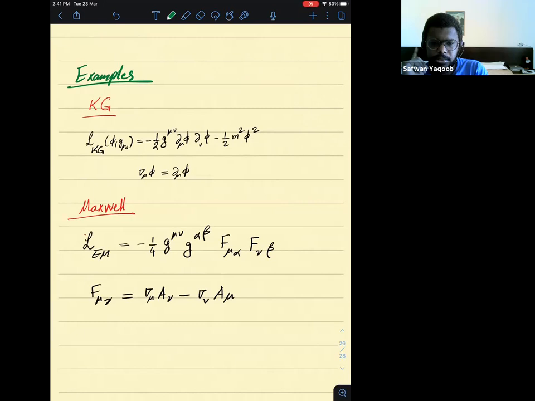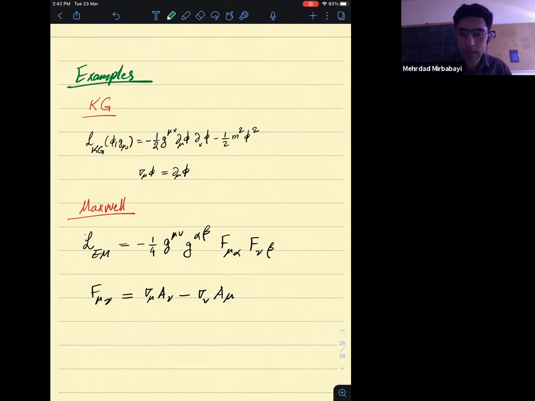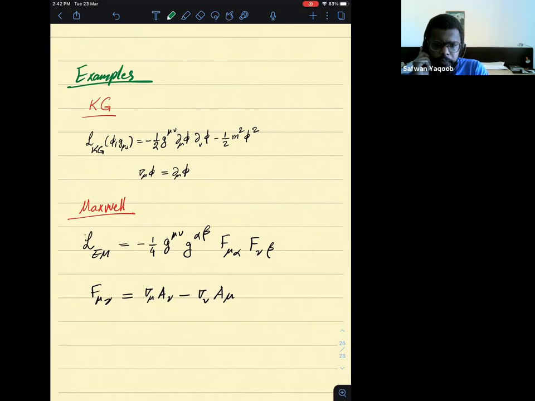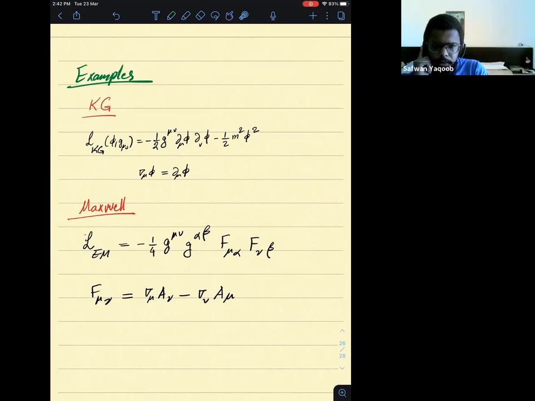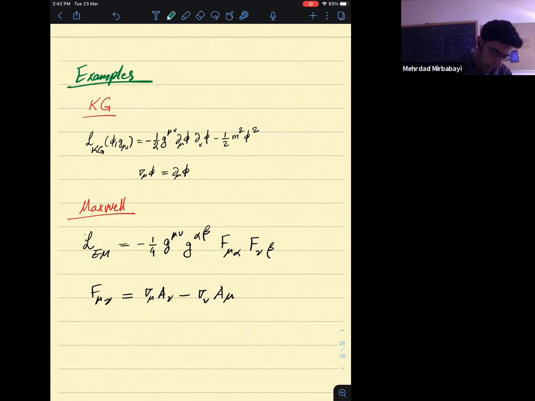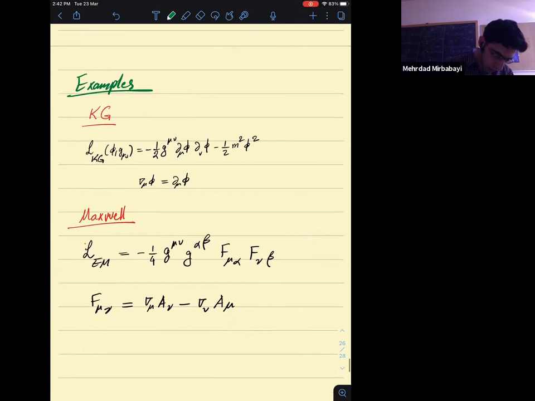Yes, Professor, just a simple question. Yes? In the Klein-Gordon Lagrangian, do we have a negative kinetic term? You mean here? Yes. No, this minus sign is perhaps unfamiliar because you might have seen it with a plus sign, but that depends on the choice of the signature of the metric.